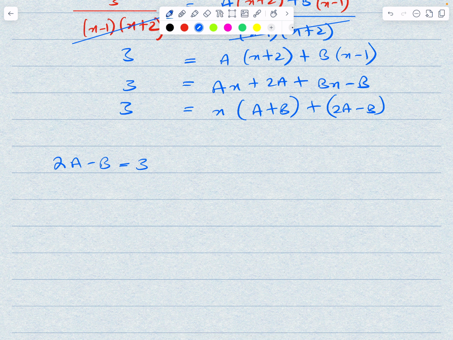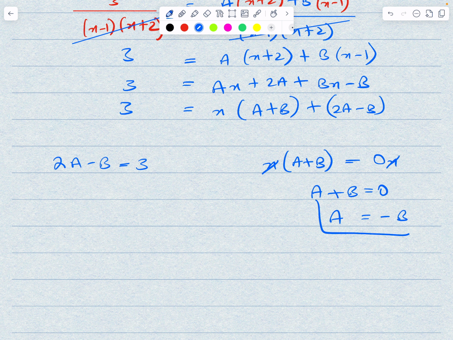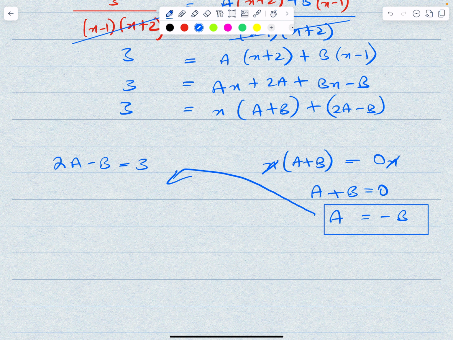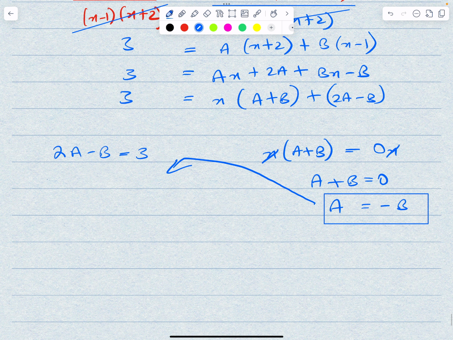And I have two variables, so I do need a second equation. So I can write, using this, the second equation as x(A plus B) is equal to 0. The x's cancel out and A plus B turns out to be 0, and thus A is minus B. So I can substitute A as minus B into the first equation.